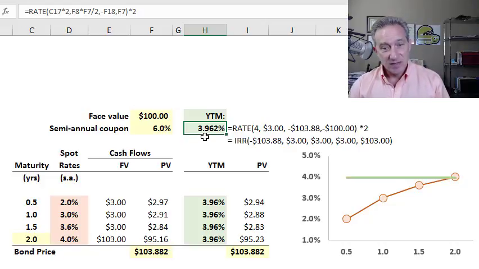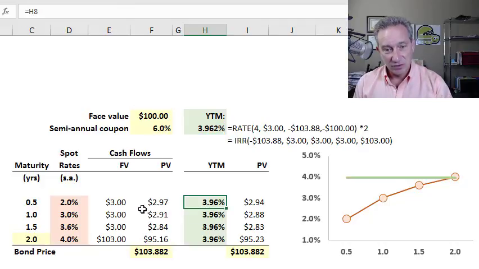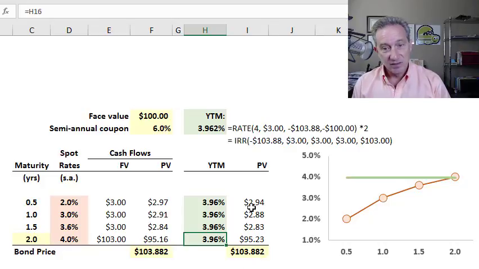And so my first point about interpretation is just illustrated right down here in green, and that is that this yield is the discount rate that we could use on all of the cash flows to produce here the same discounted or present value price of 103.882. See how the price matches?